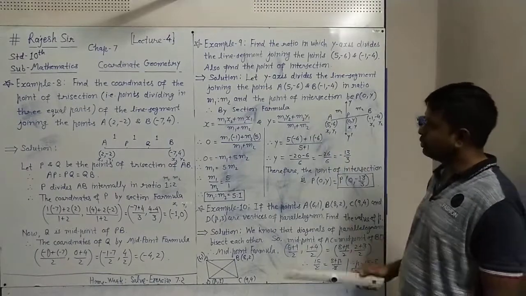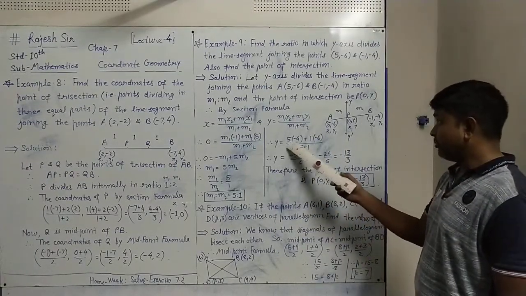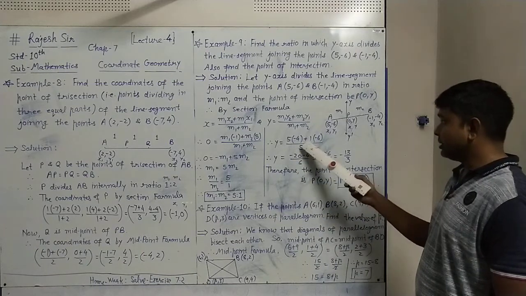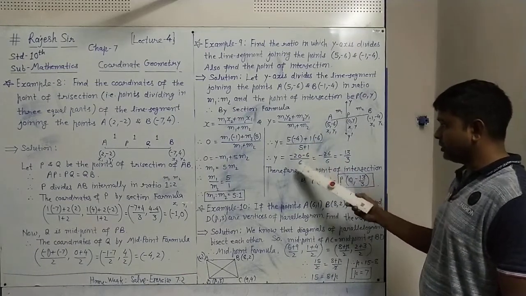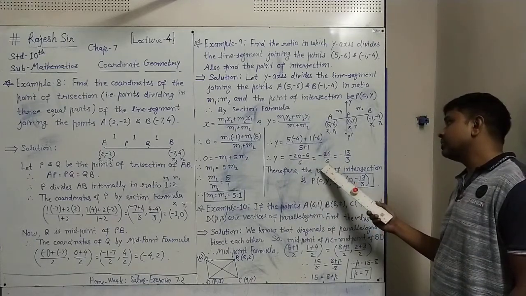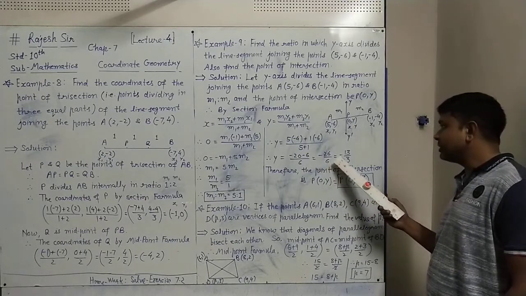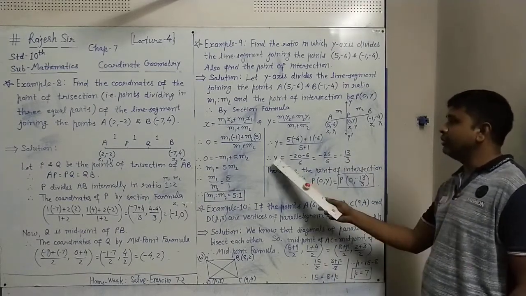Placing m1, m2, y1 and y2 from this, it will be 5 4s are 20, plus minus 6 1s are 6, upon 5 plus 1, 6. So minus 20 and minus 6, minus 26 upon 6. By 2 we can cancel this. 2 13s are 26, 2 3s are 6, so minus 13 upon 3 is the value of y.